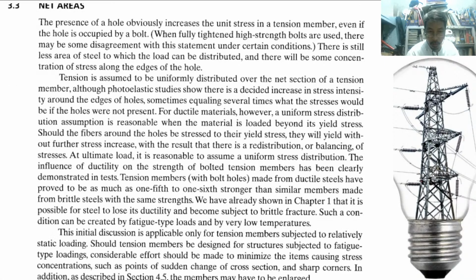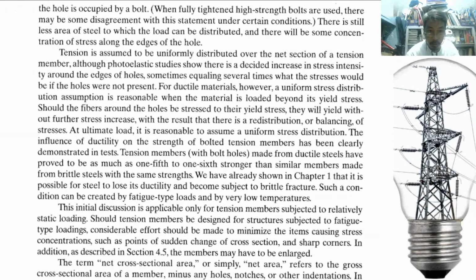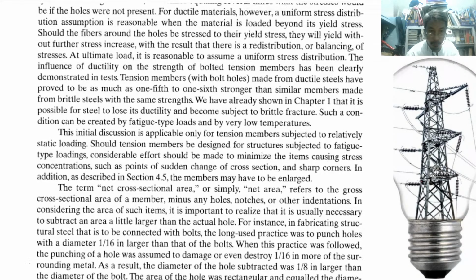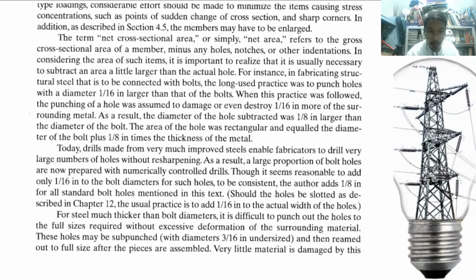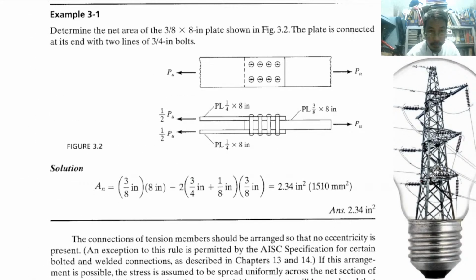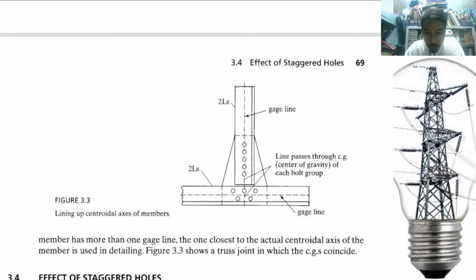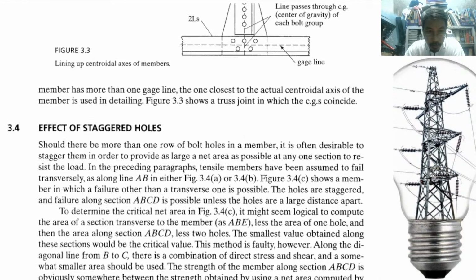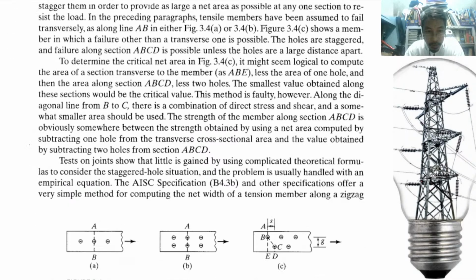So we also discussed these net areas. I think we already discussed this part. We are through with the effect of staggered holes.